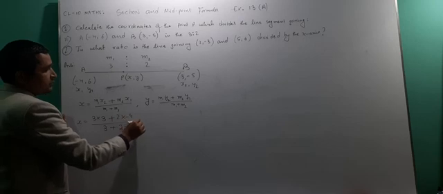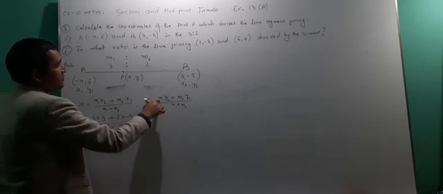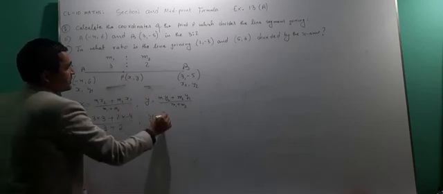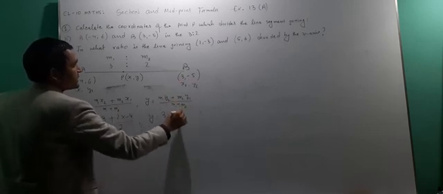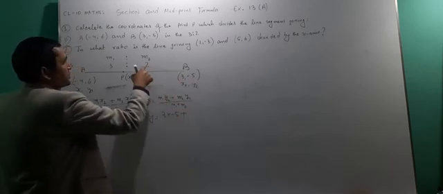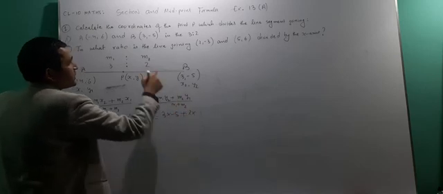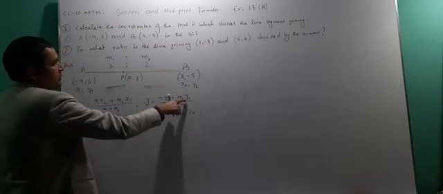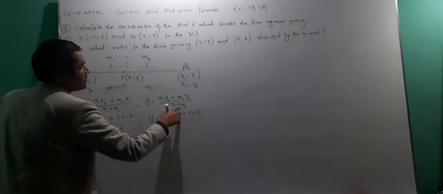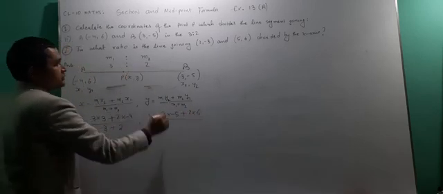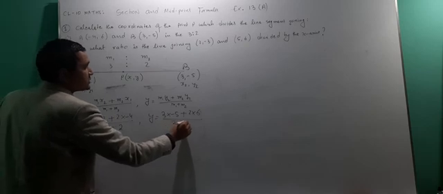Now same way for y, m1 3 multiply y2 -5, then plus sign, then m2 2, then y1 6, divided by m1 plus m2, 3 plus 2.